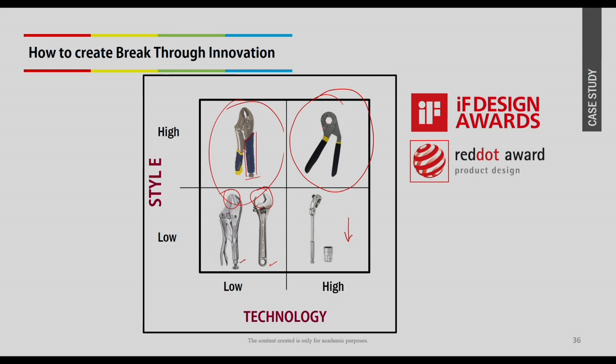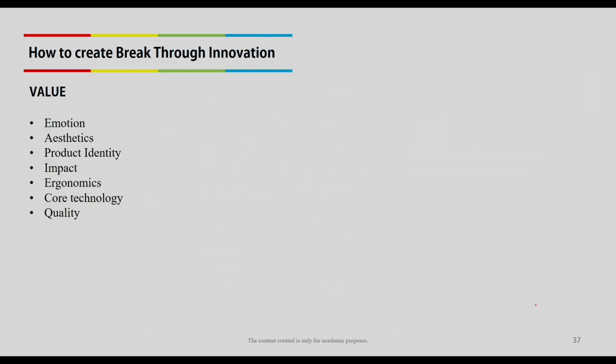The grips are good. Because of that, it won two prestigious product design awards, the iF Design Award and the Red Dot Design Award. So, as I told, breakthrough products should be value driven and should have high technology and high style.